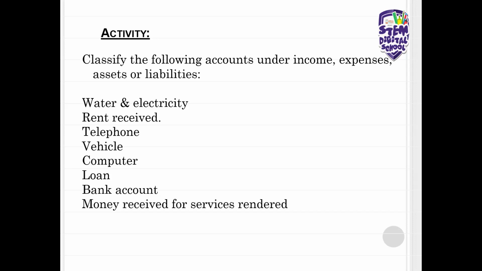I can see it, I can touch it, so it has a value. Therefore, a computer is an asset. Who's going to be first for the next one? A loan. Good. Loan is always a liability because you still owe that money that you need to pay back. Next one, the bank account of a business.